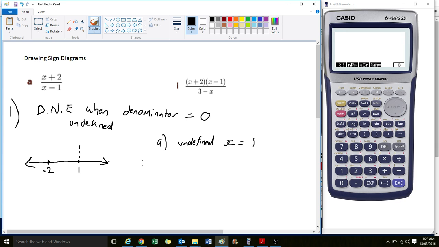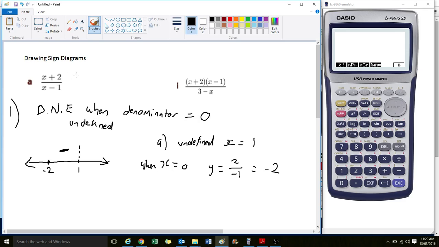So when x is 0, y equals 0 plus 2 over 0 take 1, which is 2 on minus 1, equal to minus 2. This is negative. So between minus 2 and 1, the function is below 0, it has a negative value, below the x-axis.